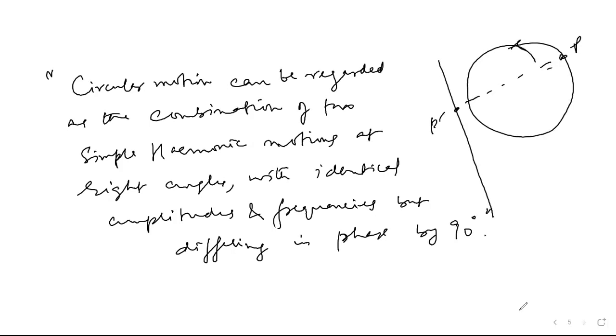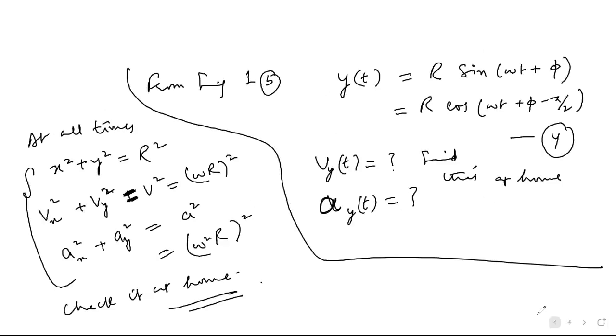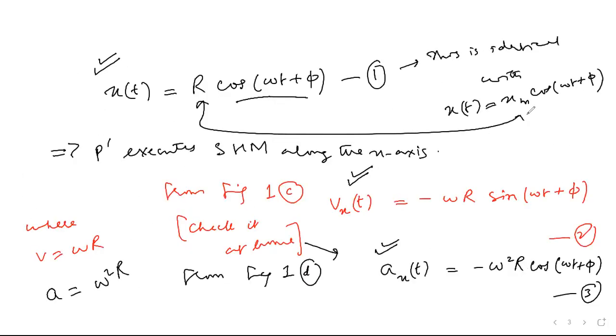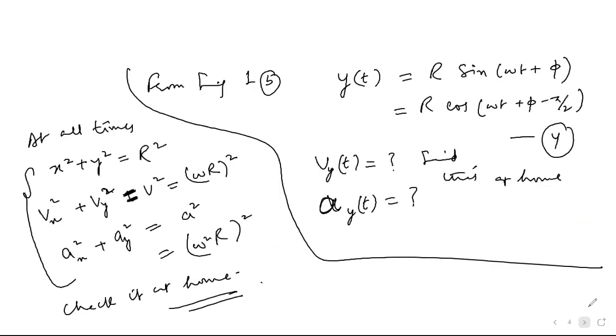These two conclusions you need to remember. As we saw, here you have cos of omega t plus phi, and in y of t we have cos of omega t plus phi minus pi by 2.